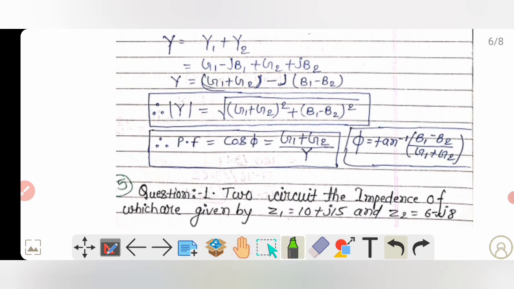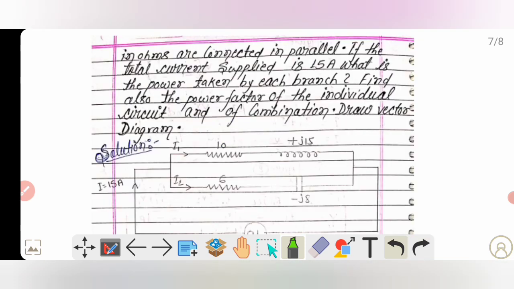Now as you can see here, this is a numerical question. Two circuits whose impedances are given by Z1 equal to 10 plus j15, and Z2 equal to 6 minus j8, in ohms, are connected in parallel. As you can see here, this is Z1 and this is Z2, and both are connected in parallel.